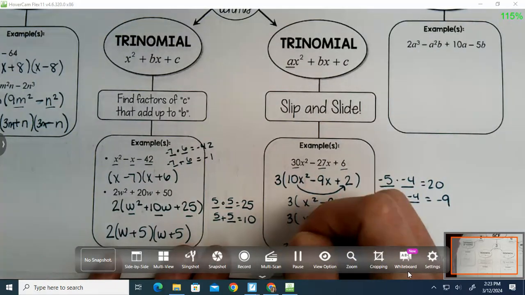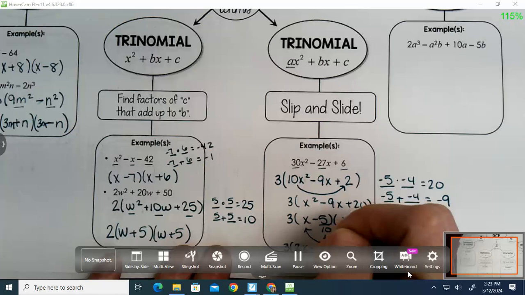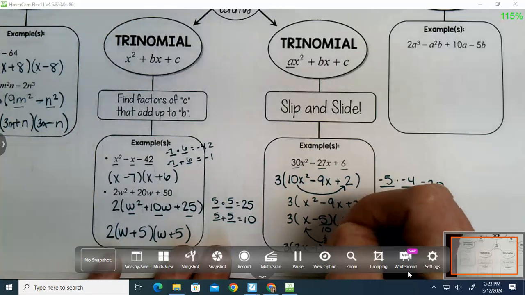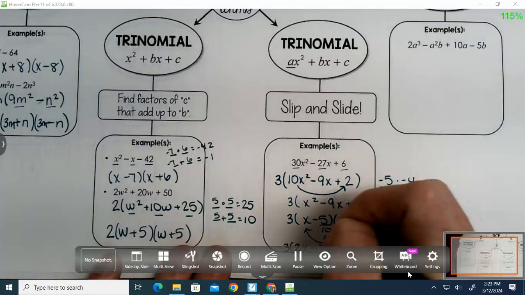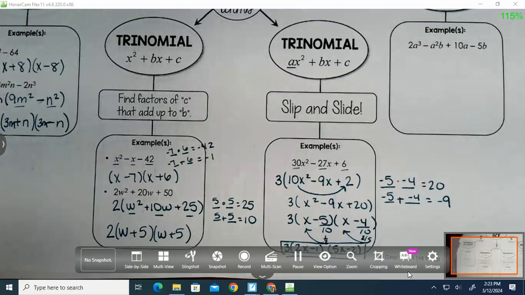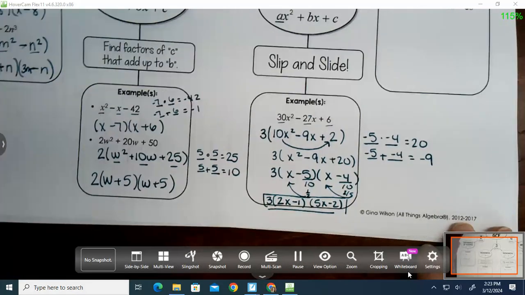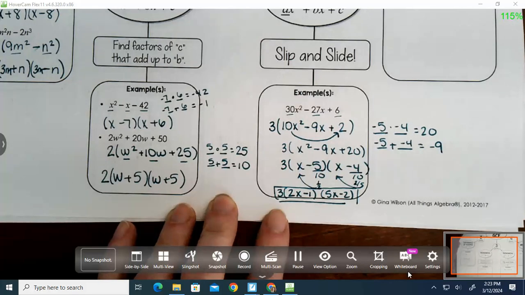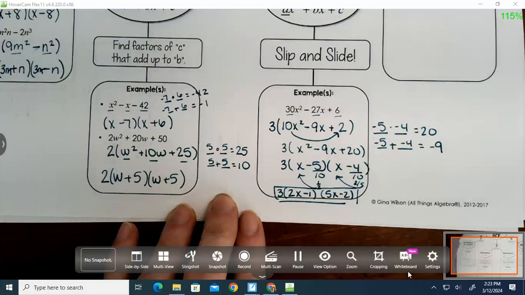So we have a 3, 2x minus 1. This one, 4 over 10, reduces to 2 over 5. So the 5 slides back in front. So 5x minus 2. All right, so that one we had a greatest common factor and slip and slide.